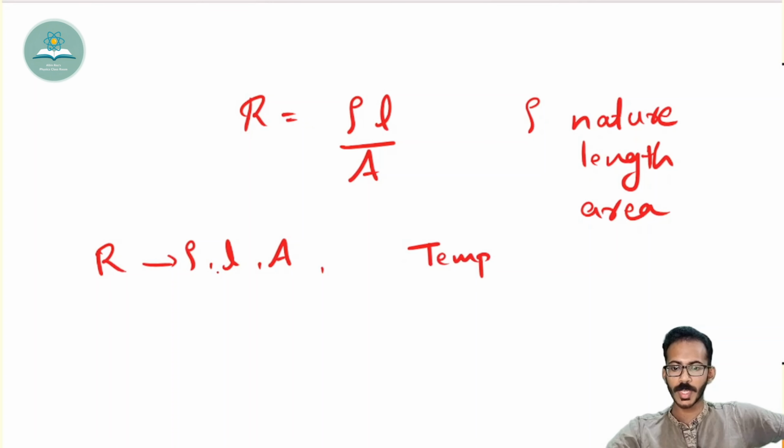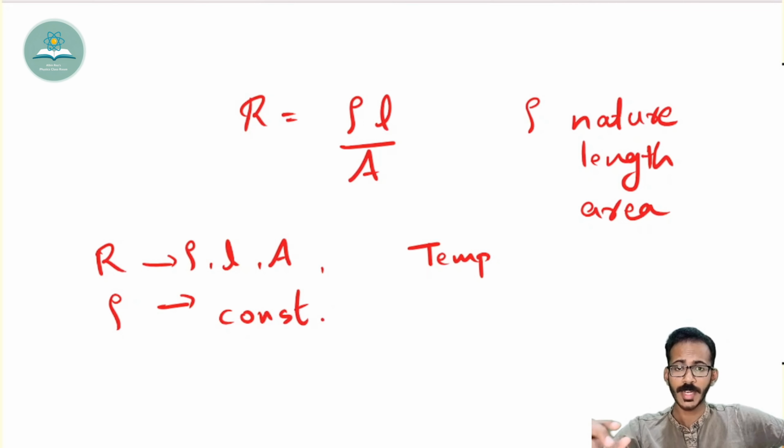I told you resistivity stands for the nature of material. So, for a particular material, resistivity will be a constant value which will not change. So, if the length of the material changes or area of the material changes, it will not affect the resistivity of the material. But if the temperature changes, then resistivity also changes because the nature of the material changes.